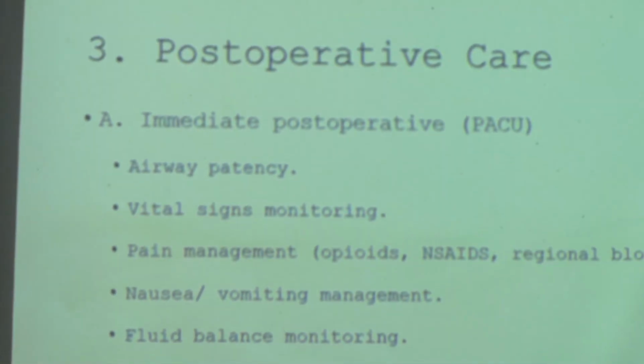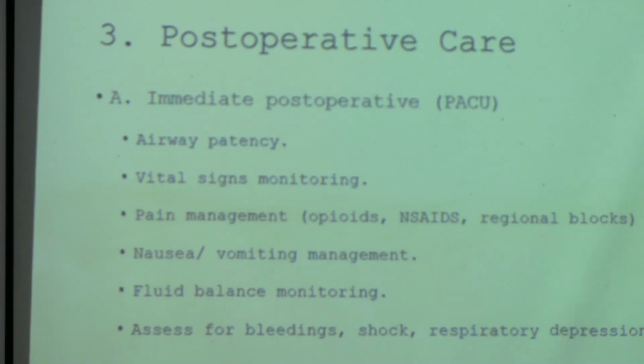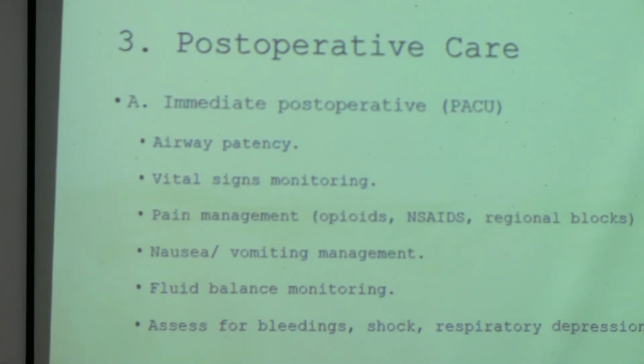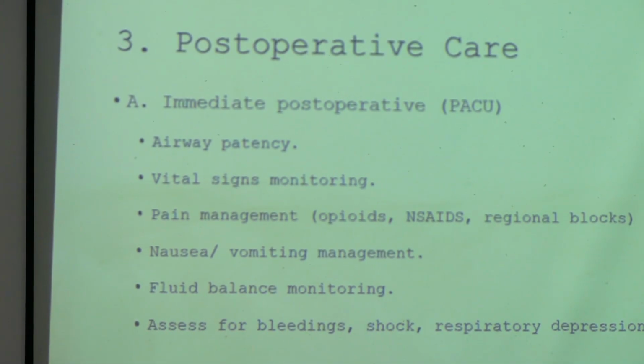Then assess for bleeding, shock and respiratory depression. You have to assess the patient for bleeding, whether patient is having any bleeding or not. Means you have to see the blood pressure. If patient is bleeding postoperatively, patient will be having low BP or his pulse rate will be more.